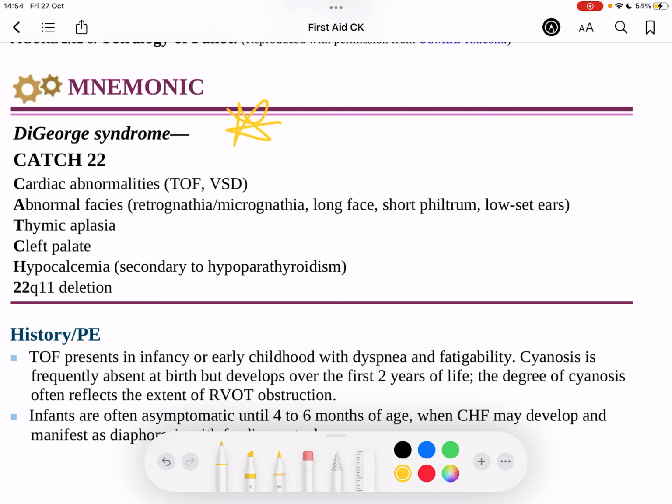The T is for thymic aplasia, the C is for cleft palates, the H is for hypocalcemia, and this is because of hypoparathyroidism, because the parathyroids are agenic, and the 22q11 deletion, which is the specific area on the chromosome where we see the microdeletion. And DiGeorge syndrome is the most severe of this spectrum.